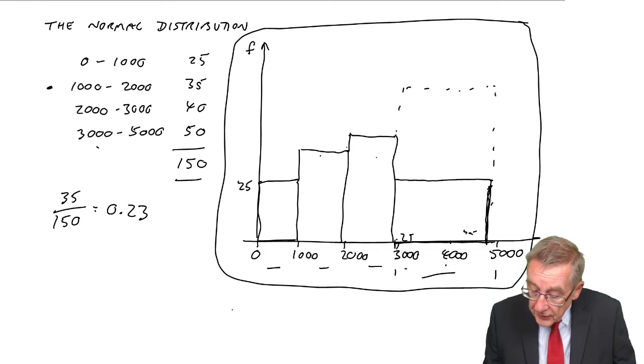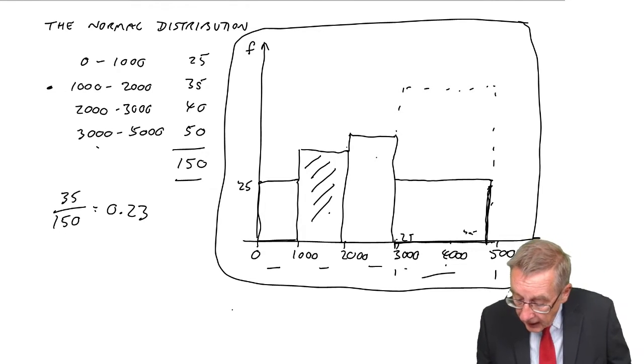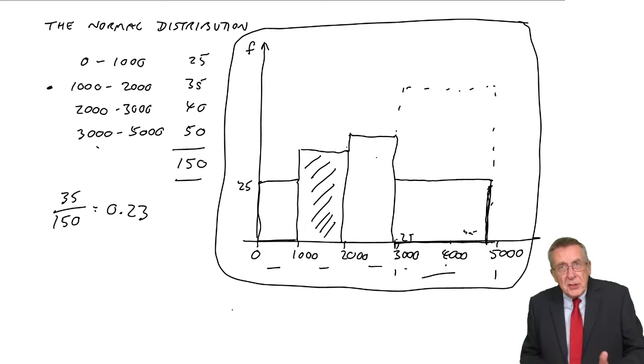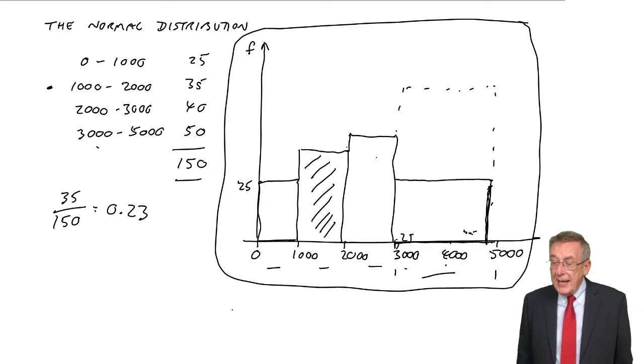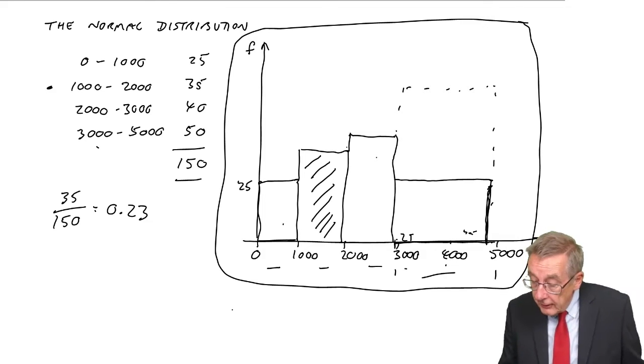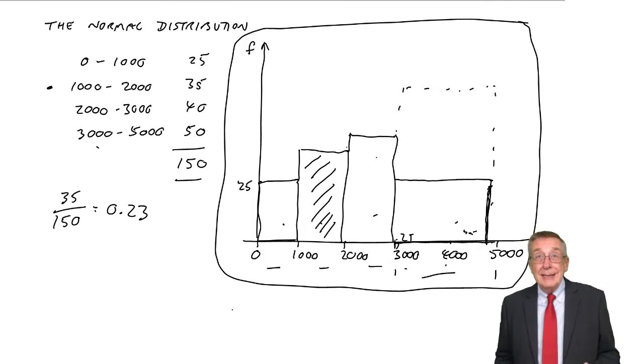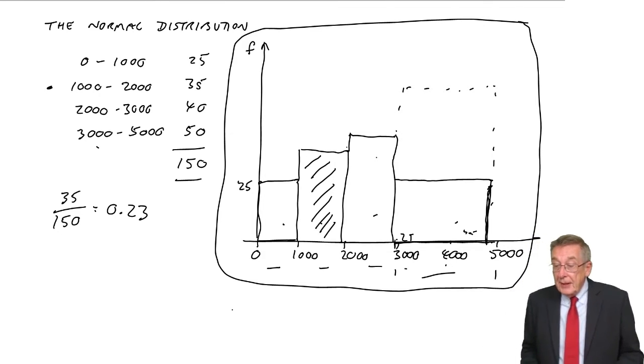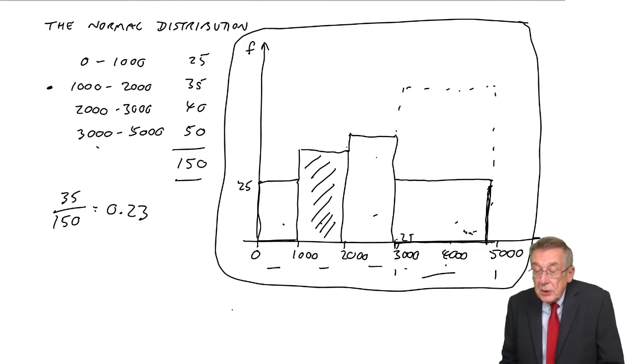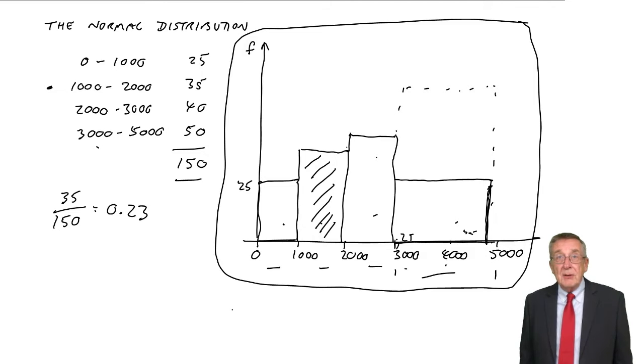Well, you know that the area of that bar is proportional to the number of people in that range. You know that the total area of all the bars is proportional to the total number of people that were asked, or in the sample.